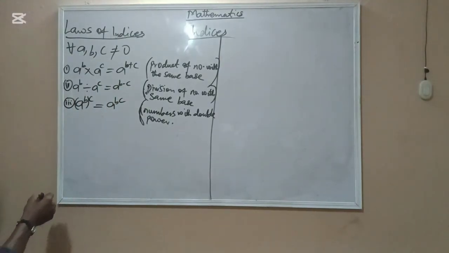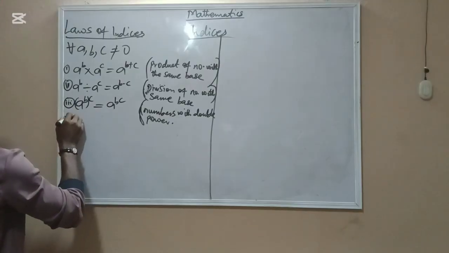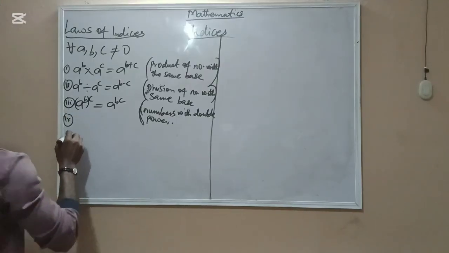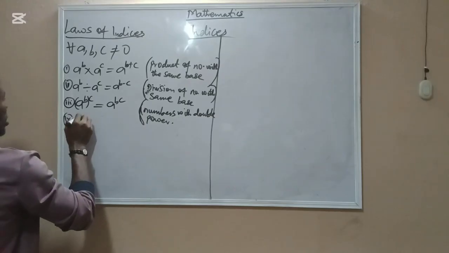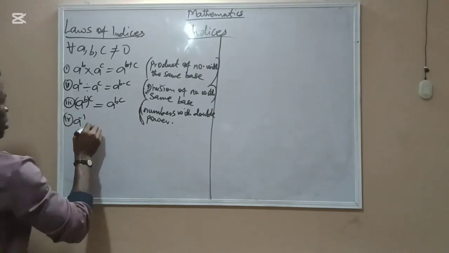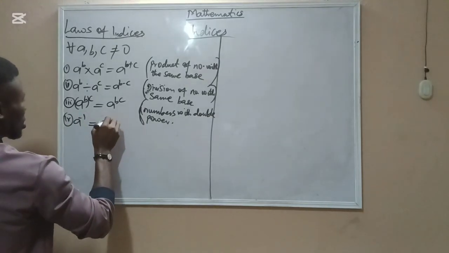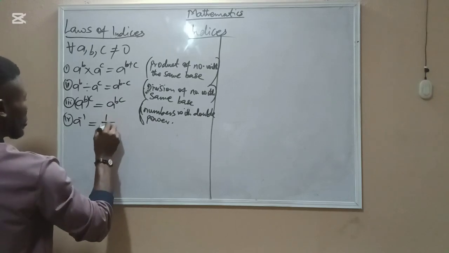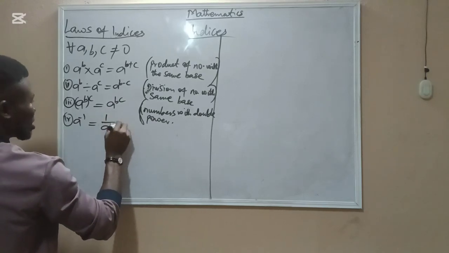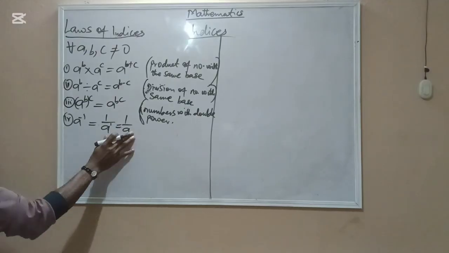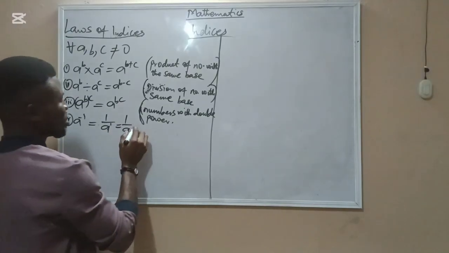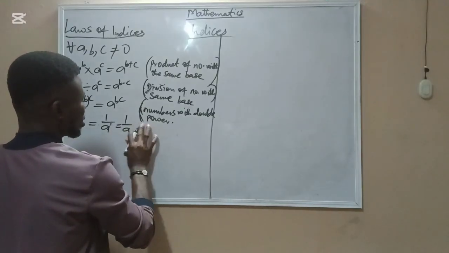Then I have another one that says that A to the power minus 1 is the same thing as 1 over A to the power 1, which is the same thing as 1 over A. And this is called numbers with negative power.